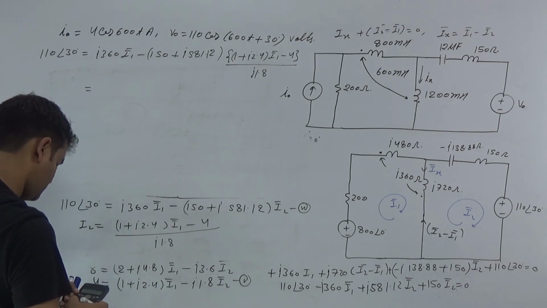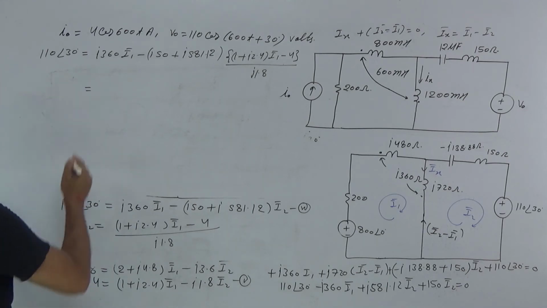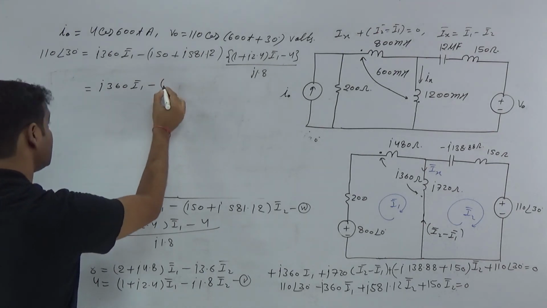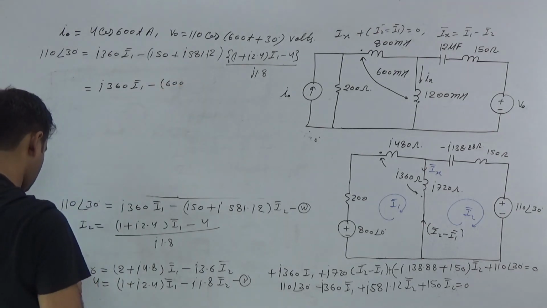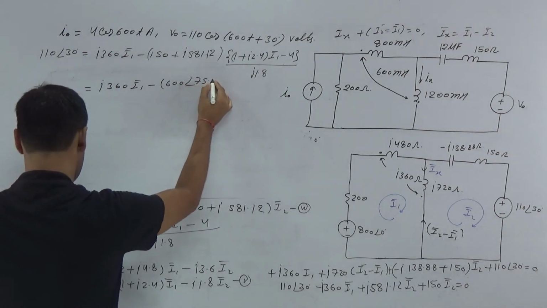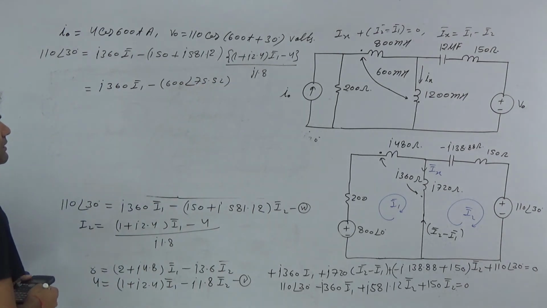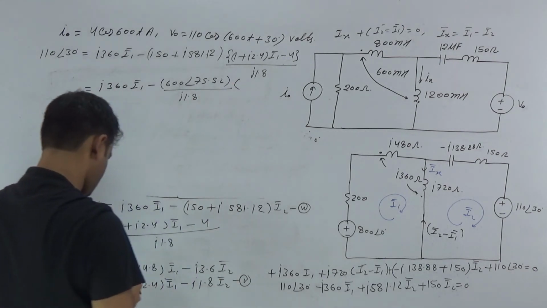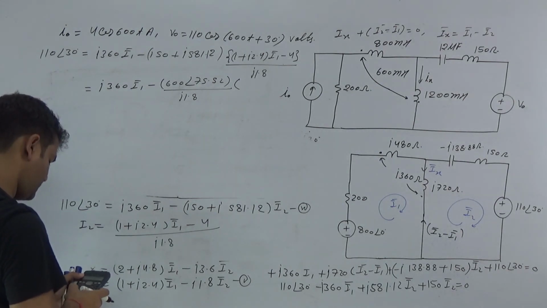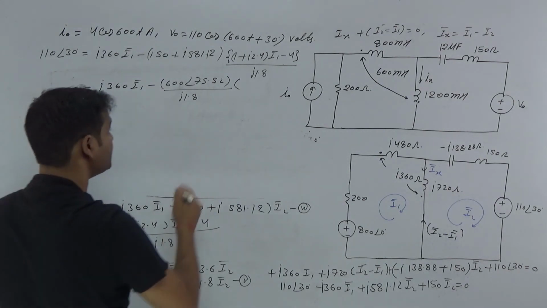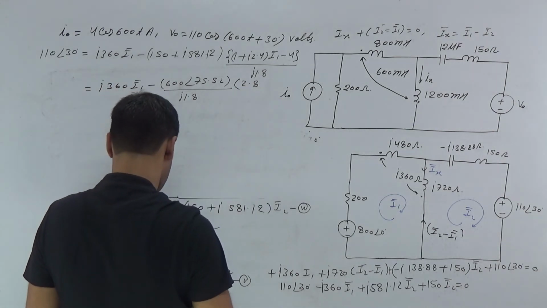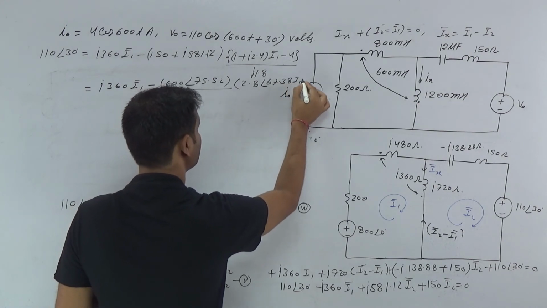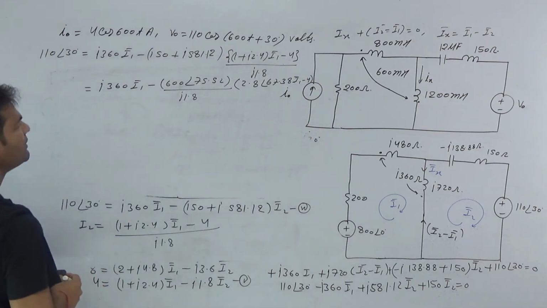Converting into polar form, first of all that is 360 I1 minus this one, 600 at the angle 75.52, divided by j1.8, into 1 plus j2.4 converted into polar form, that is 2.8 at the angle 67.38, into I1 minus 4. Okay, clear?